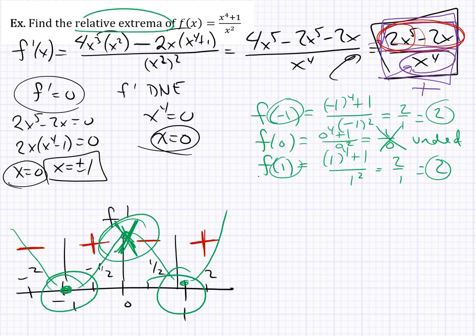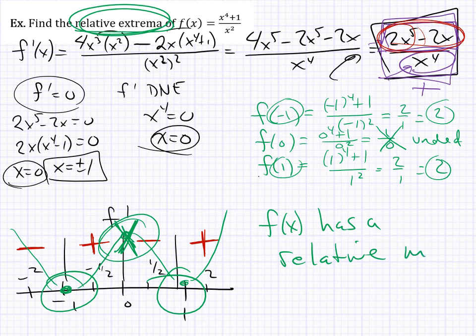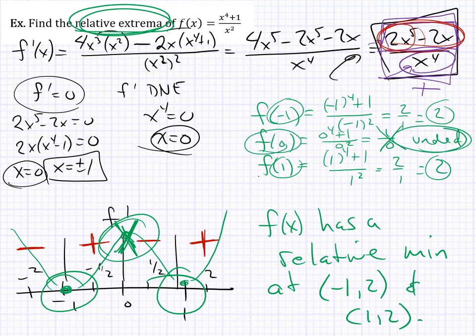So as far as the relative extrema go, I have f of x has a relative minimum at (-1, 2) and (+1, 2). And it has no relative maximums, because the only critical number that could have possibly been a relative maximum, the function is undefined.